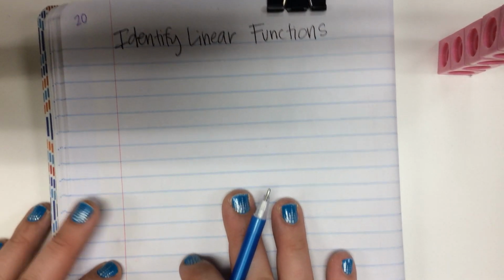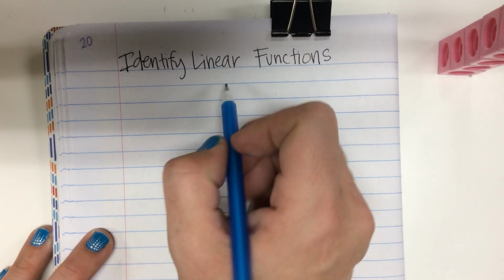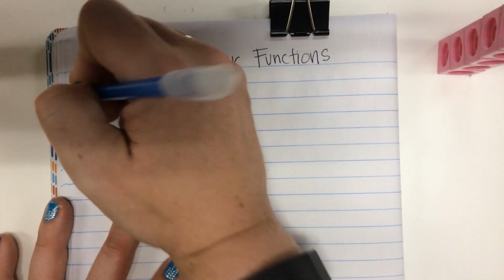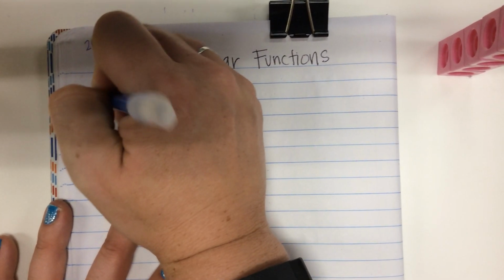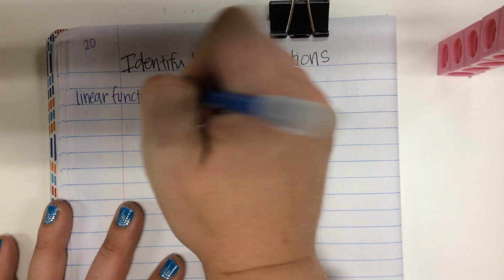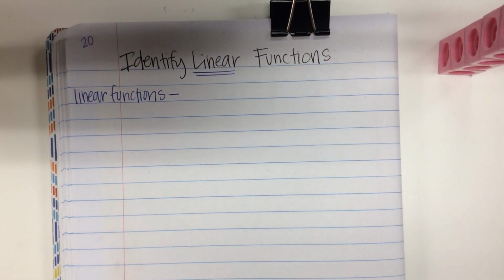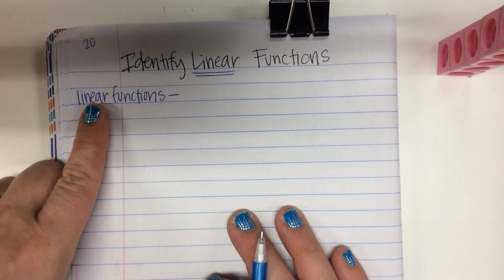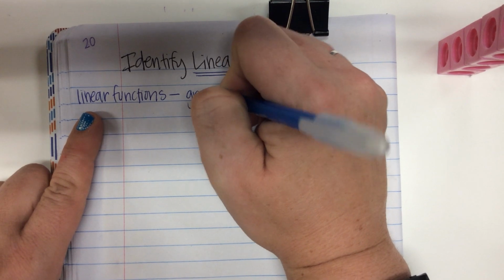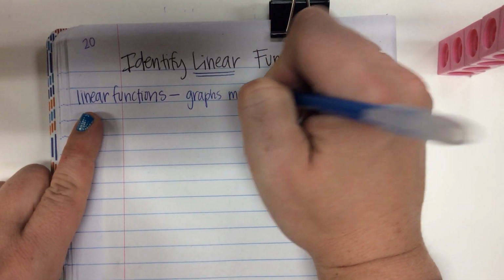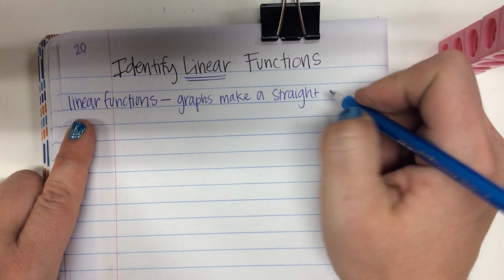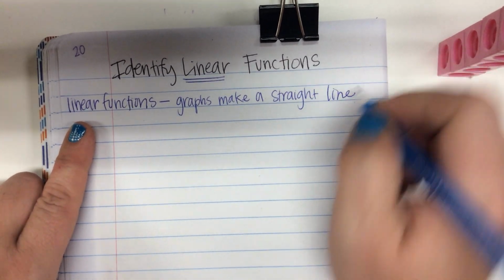Now we're getting into very specific types of functions. We're getting into linear functions. And linear functions, by definition, what does linear mean? Yeah, their graphs make a straight line.